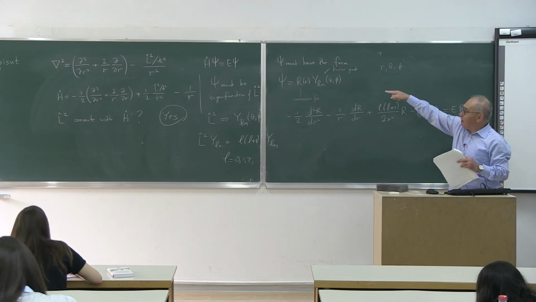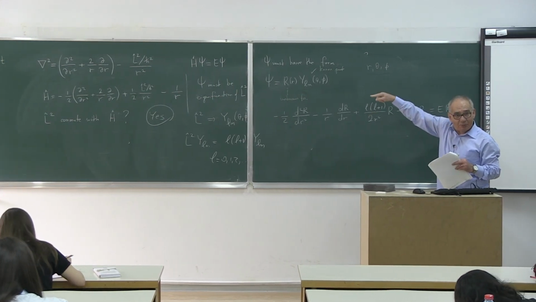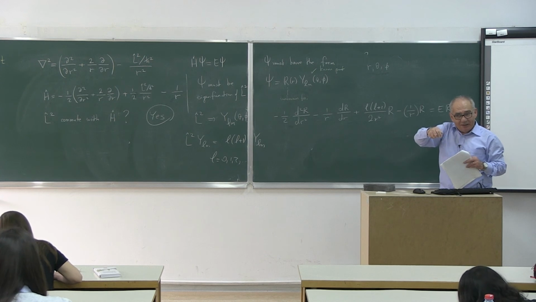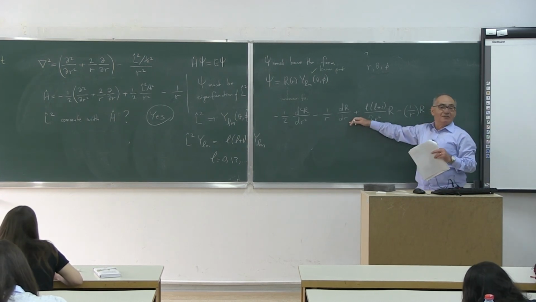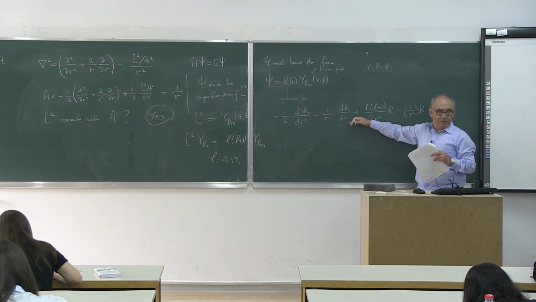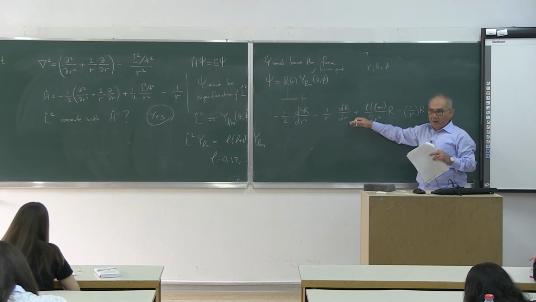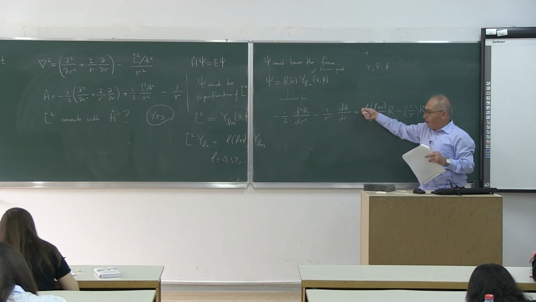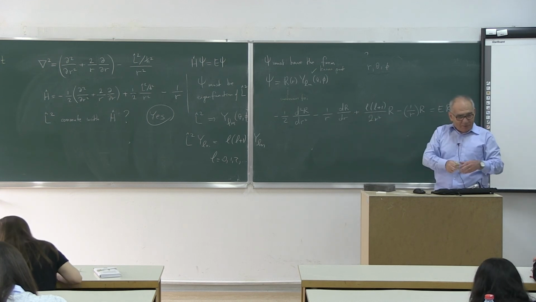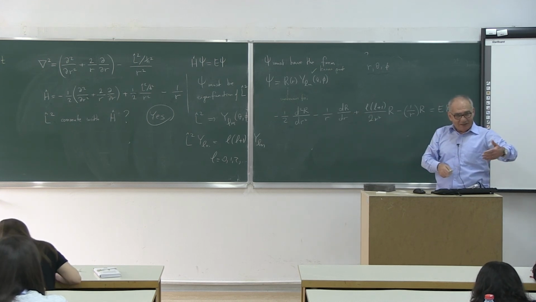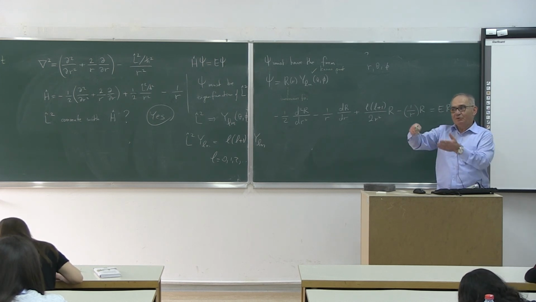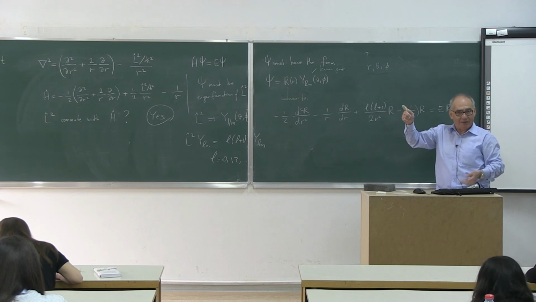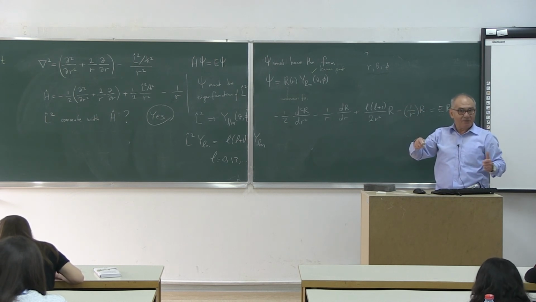So the partial differential equation problem is turned into a problem with a single variable. Clearly, a problem with a smaller number of variables is simpler than problems with many variables. So in that sense, there is a great simplification here.